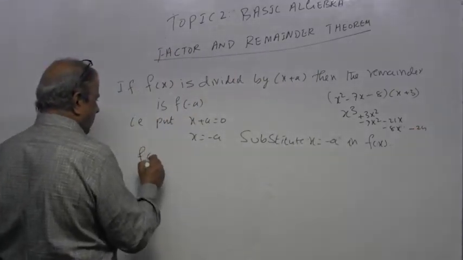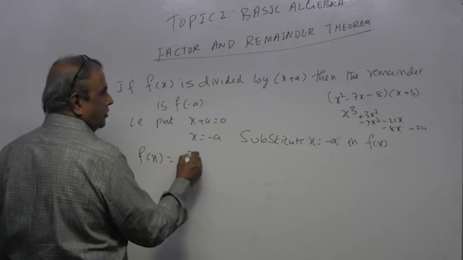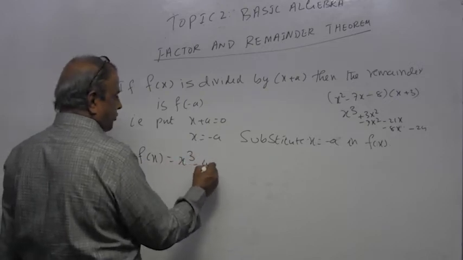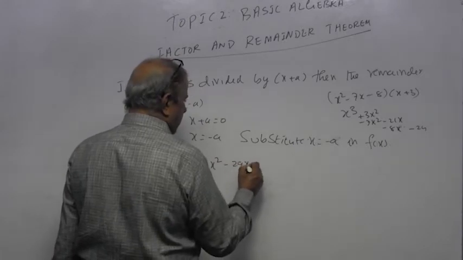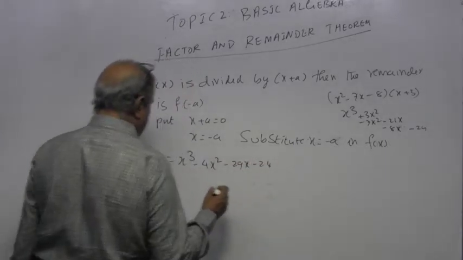For example, you are given f of x equal to x cube minus 4x squared minus 29x minus 24.